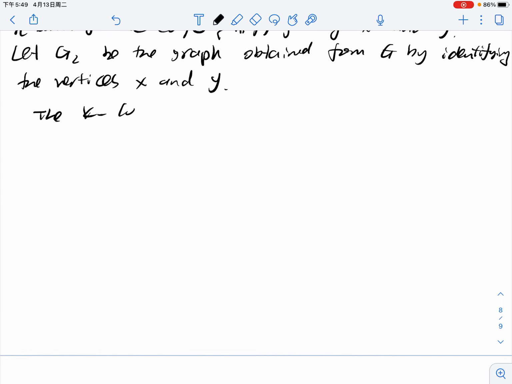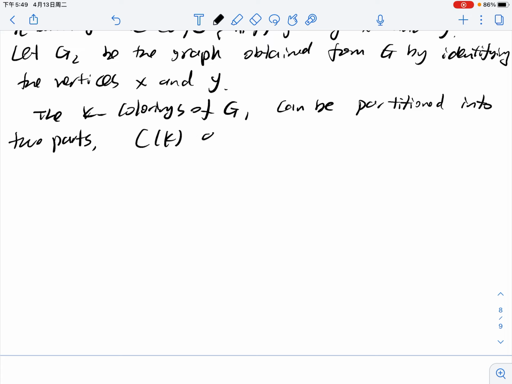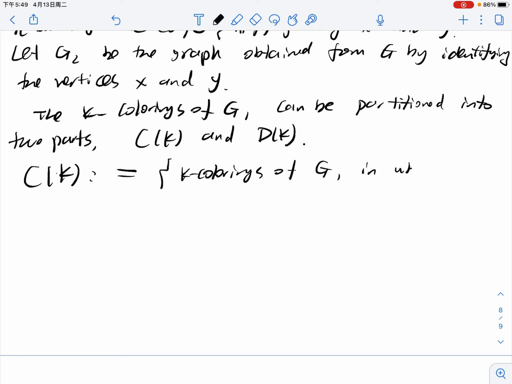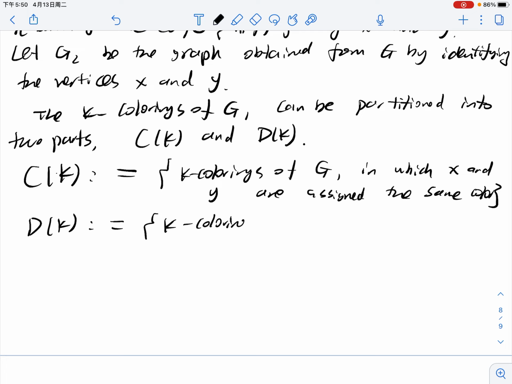Then the k-colorings of G1 can be partitioned into two parts, C_k and D_k, where C_k is defined to be all the k-colorings of G1 in which x and y are assigned the same color, and D_k is the set of all the k-colorings of G1 in which x and y are assigned different colors.